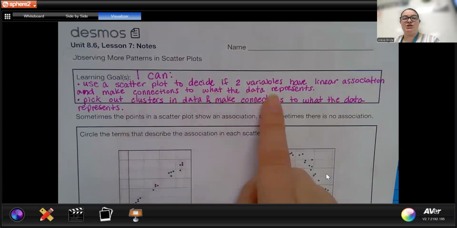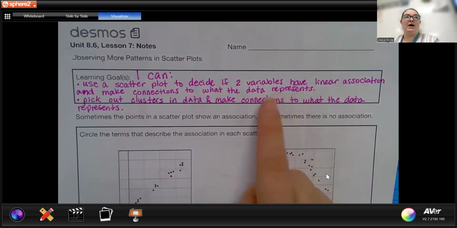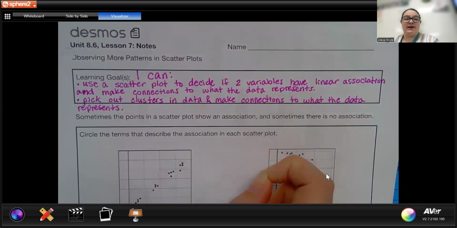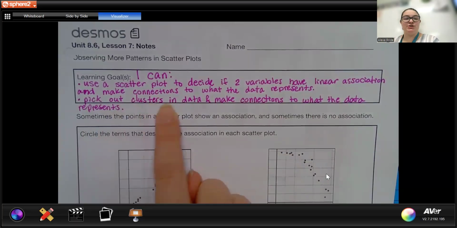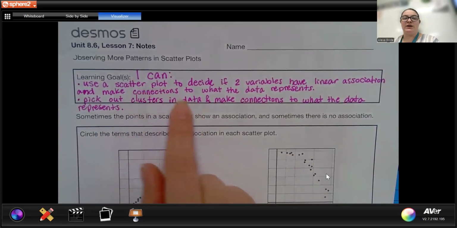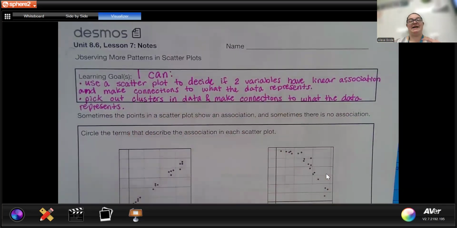And we made connections to what it represents with our variables, and whether the dog's weight and height were positive or negative. We are also going to pick out clusters in data. So today we're going to focus back on clusters, that vocab word from last week, and make connections to what the data represents. So again, why is there a cluster?